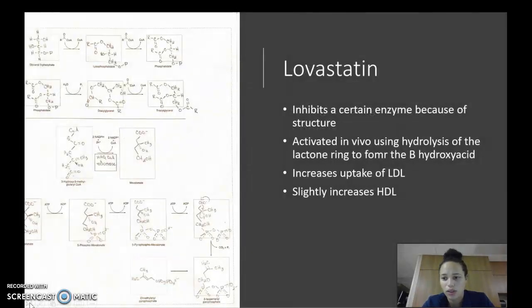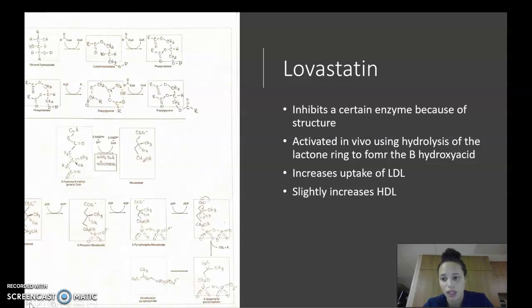So the one that we were asked to talk about was lovastatin. Once again, we're using the figure from our lab and the steps on how to properly create cholesterol.